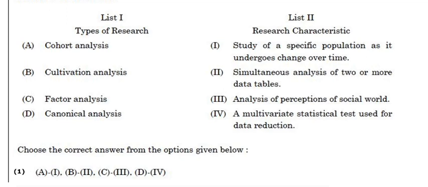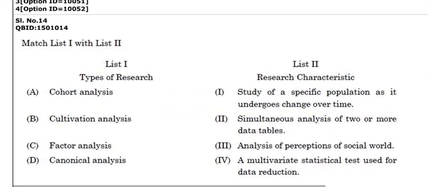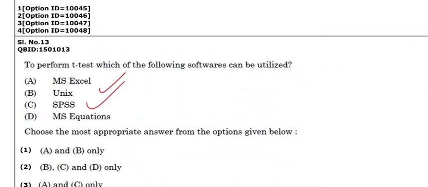Research characteristics, list 2. Study of a specific population as it undergoes change over time. Simultaneous analysis of two or more data tables, analysis of perceptions of social world, a multivariate statistical test used for data reduction. So number 13, not 13, wait, 13 we have done.